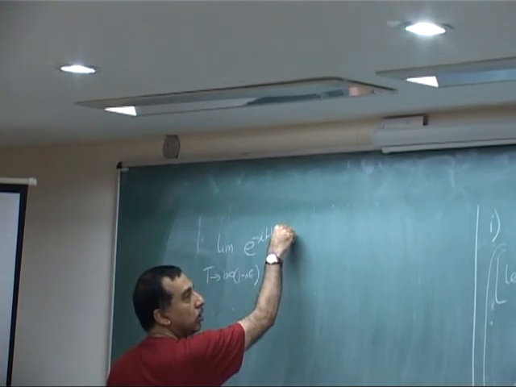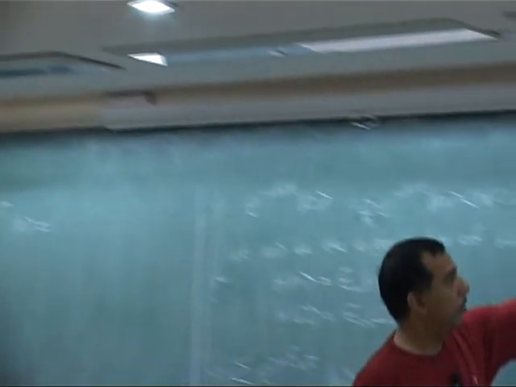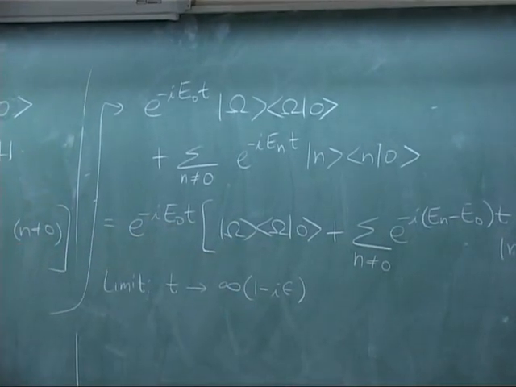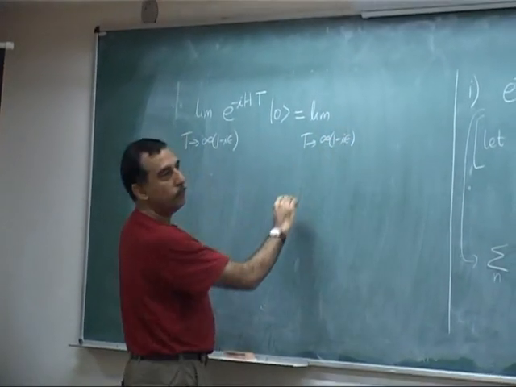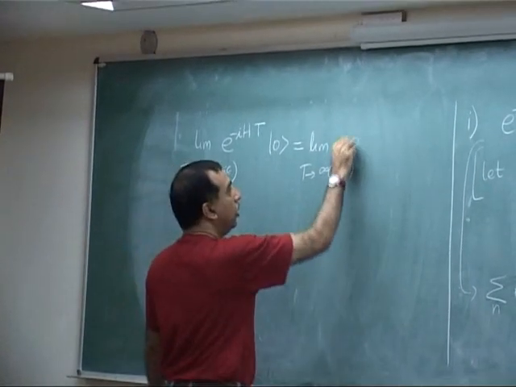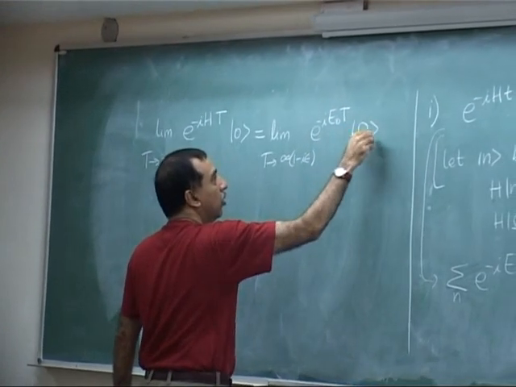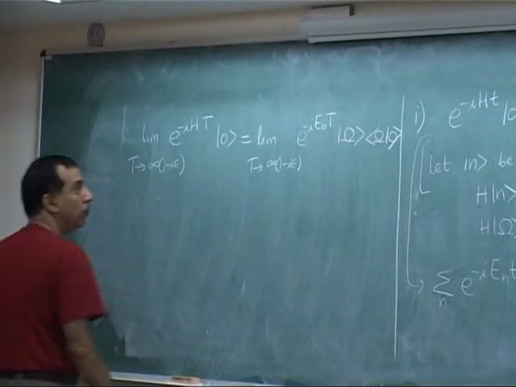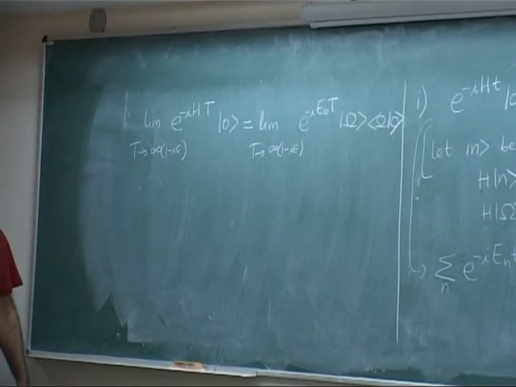This on |0>, which through all this became all this, where the last term got dropped out, is this. So it's the limit T goes to infinity (1 minus i epsilon) of e to the minus i E0 T |Ω><Ω|0>. Okay? Is this clear?